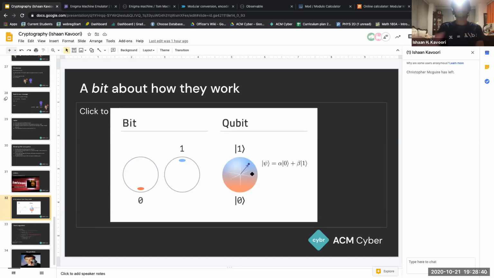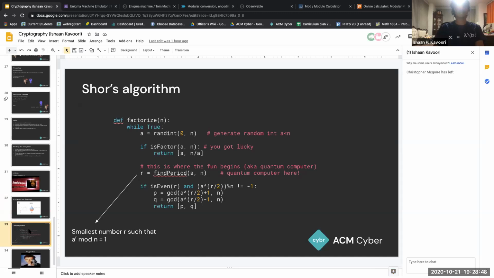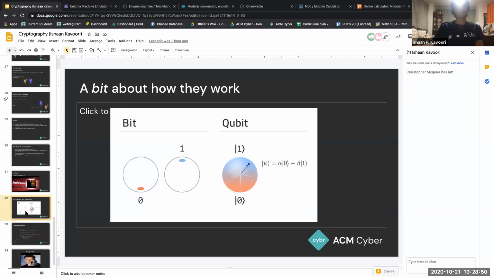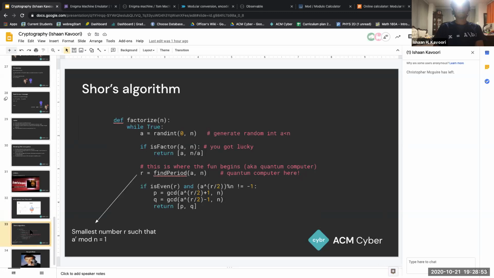So you have multiple qubits that are all entangled with each other, part of this calculation, and they are in a superposition of all of the possible outcomes. And then when you make a measurement, that wave function collapses to the one result. I'd say it's almost as if the quantum computer is checking all of the possible outputs at once.